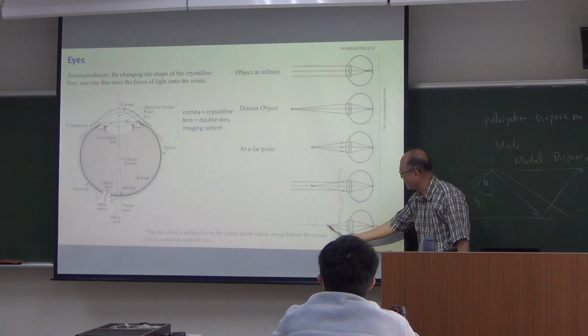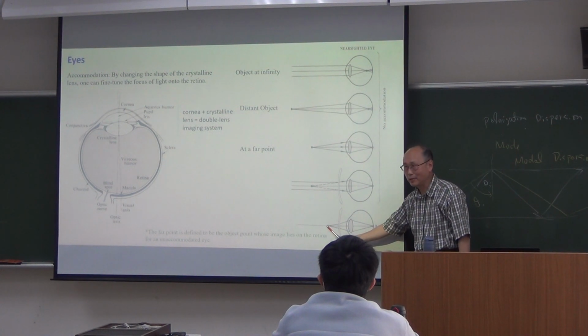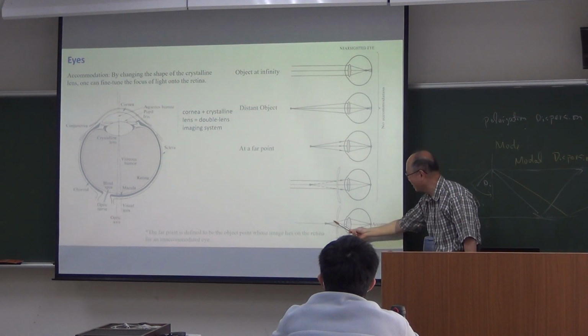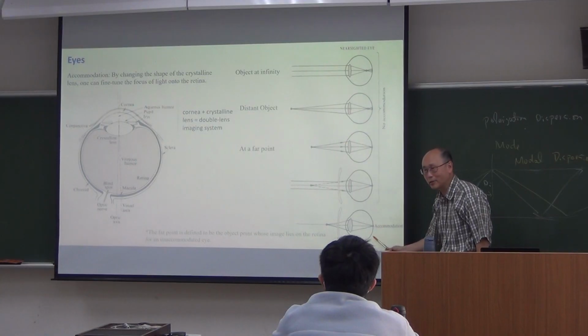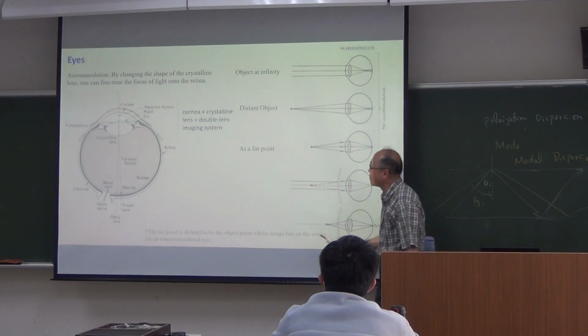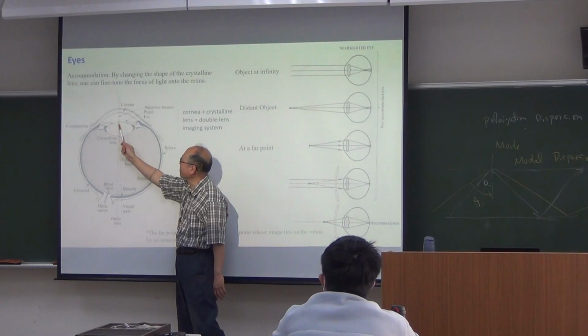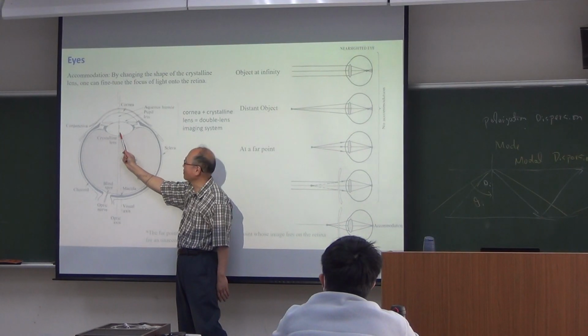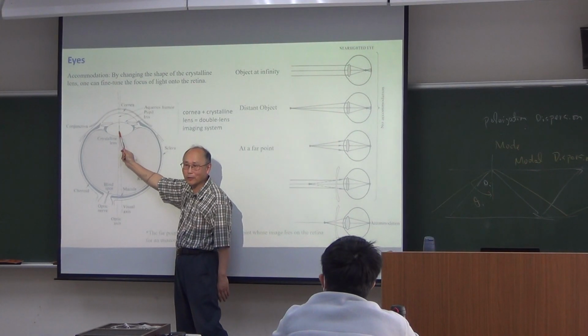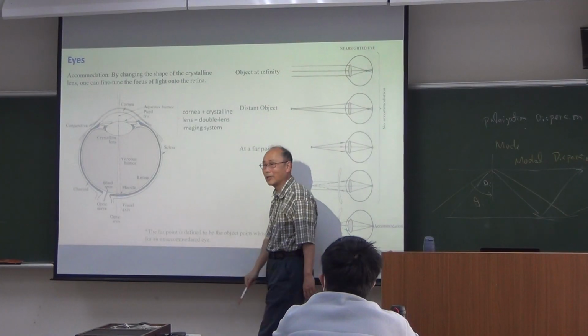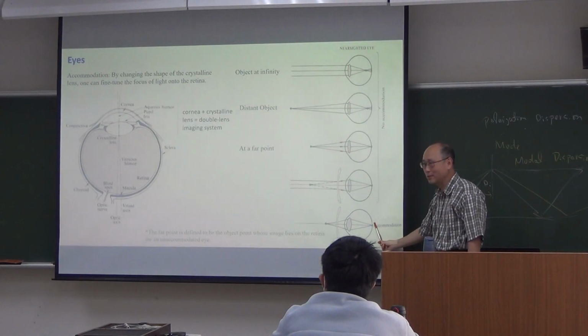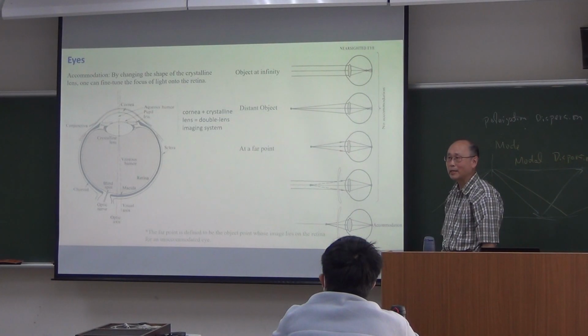For example, this object is not at infinity, but after correction, it can still fall on the retina. That is because my muscle is still able to adjust the focal length of this crystalline lens, so that I can see something closer, not at infinity.